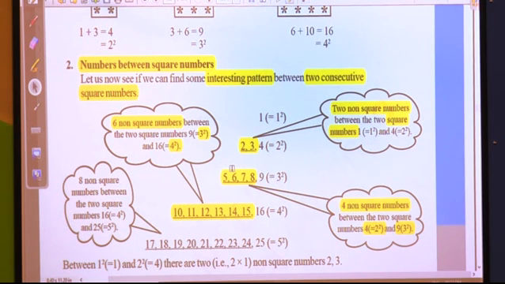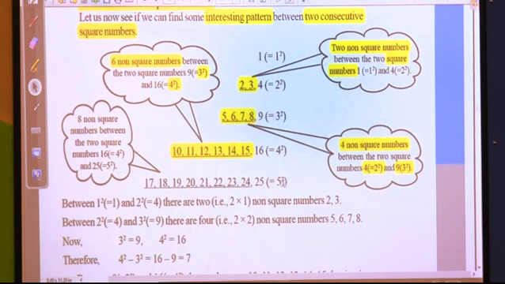Okay. Next, 5 square is 25. There are 8 non-square numbers between 16 and 25: 17, 18, 19, 20, 21, 22, 23, 24.